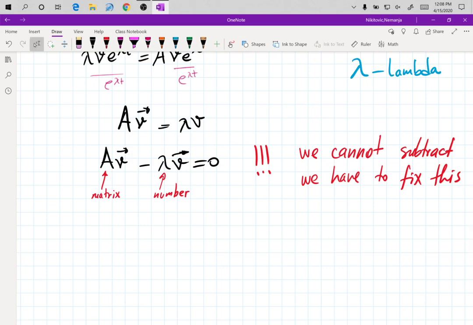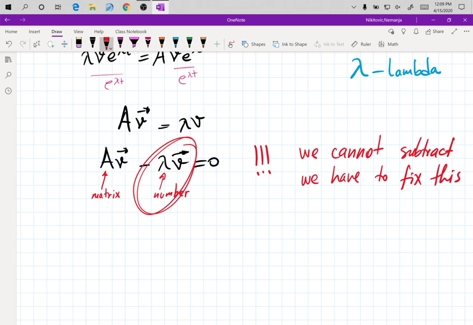You will multiply the second term over here by the identity matrix I of the same order as A. So if A is 2 by 2, you will multiply by I2, which is 1, 0, 0, 1. If A is a 3 by 3 matrix, because you had 3 equations, you will multiply lambda by I3, which is 1, 0, 0, 0, 1, 0, 0, 0, 1.